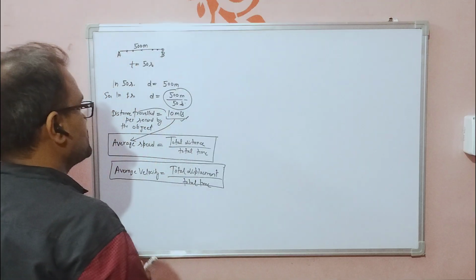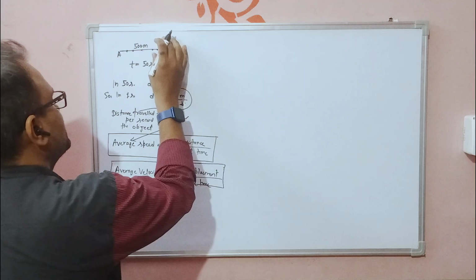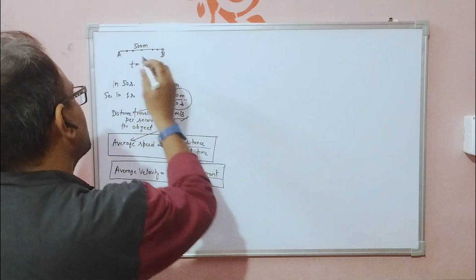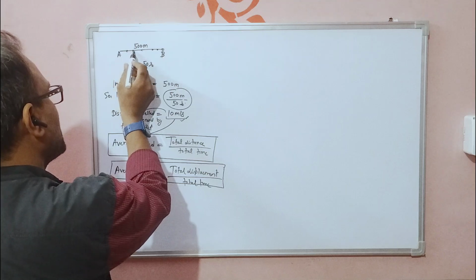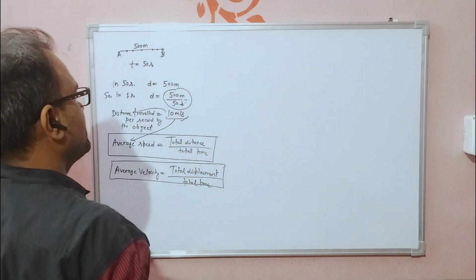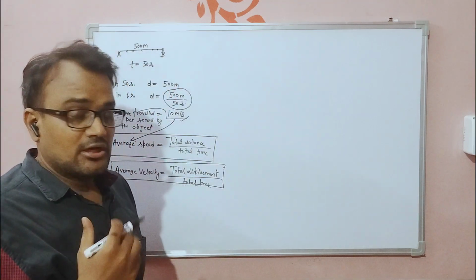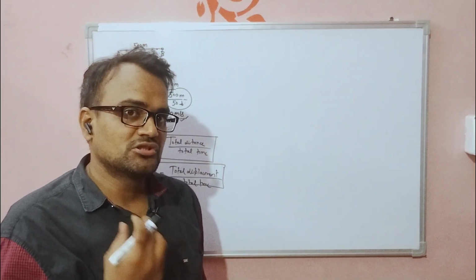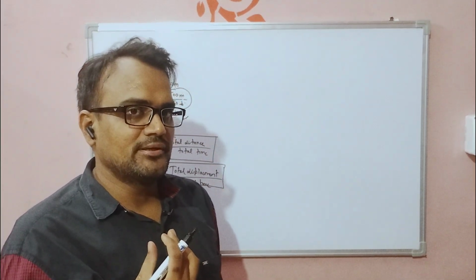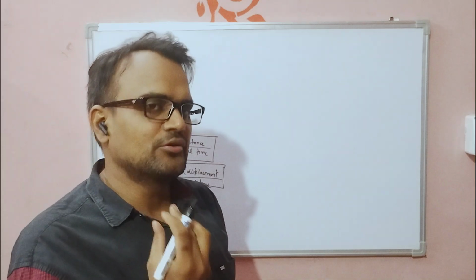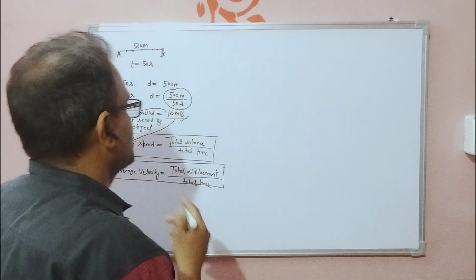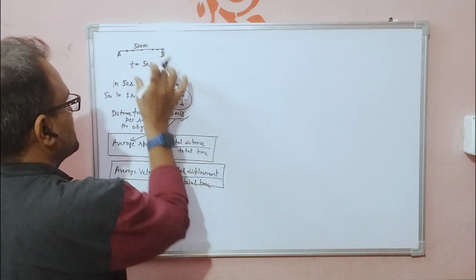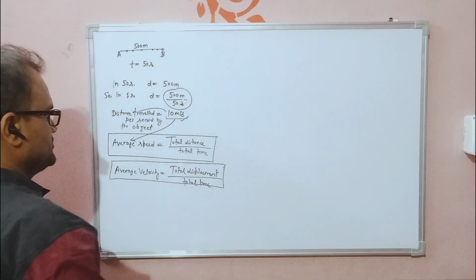Now let's assume the object moves with constant speed from A to B. Then we can say the speed of the object at every single instant of time, that is what we call instantaneous speed, right? So instantaneous speed is the speed at a single instant of time. So in this case, the instantaneous speed is going to be equal to the average speed of the object.